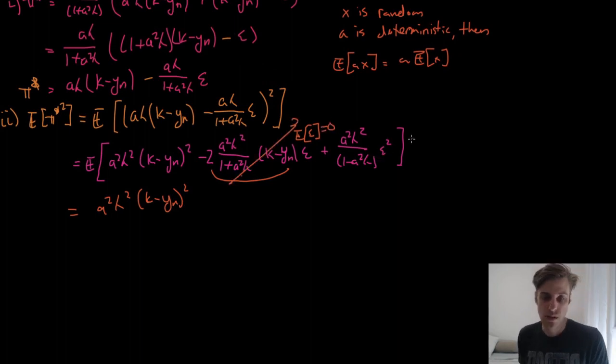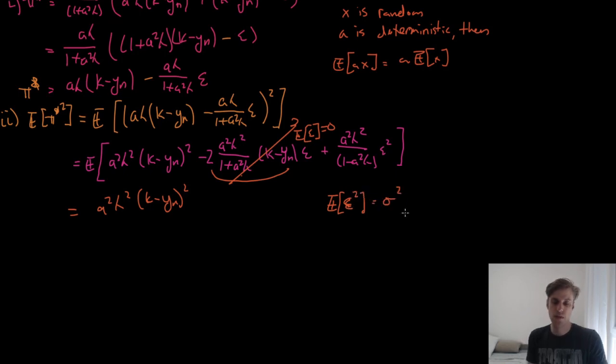And then this one's a little trickier. What you need to remember is that the expected value of the square of a normally distributed variable with mean 0 is equal to the variance of that variable. Why is this true?